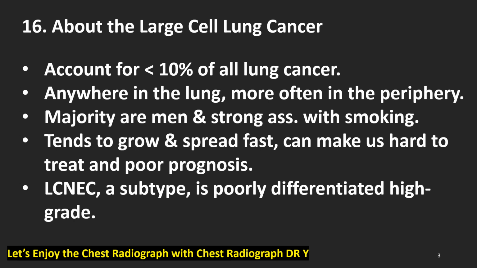It tends to grow fast and spread fast, which makes it harder to treat, and the results are usually not good. Large cell neuroendocrine carcinoma, a subtype, is a poorly differentiated, high-grade malignancy, so the results are usually worse.